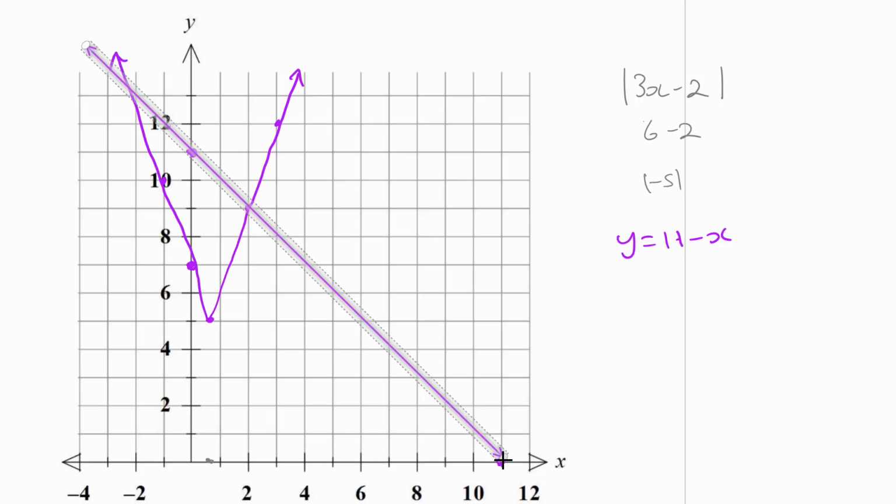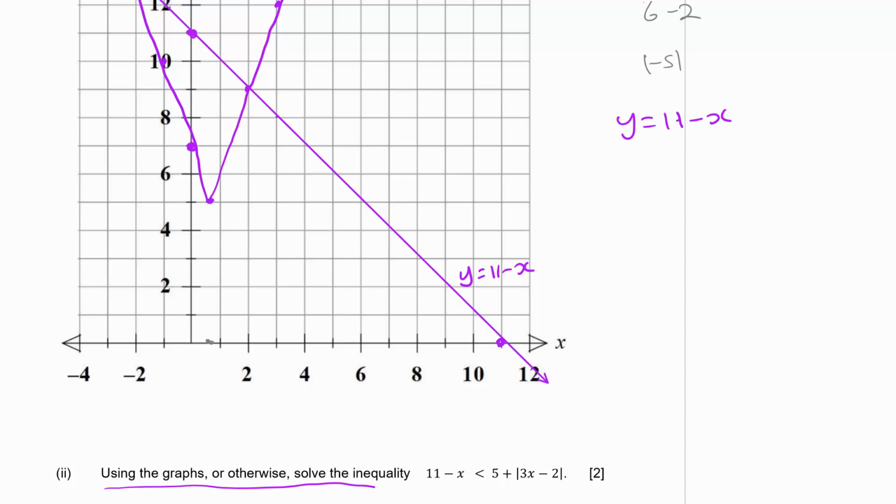And I'm not going to worry too much about the accuracy just while I'm doing this video. Let's just do that. And of course, we should label y equals 11 take away x, and y equals 5 plus mod 3x minus 2.